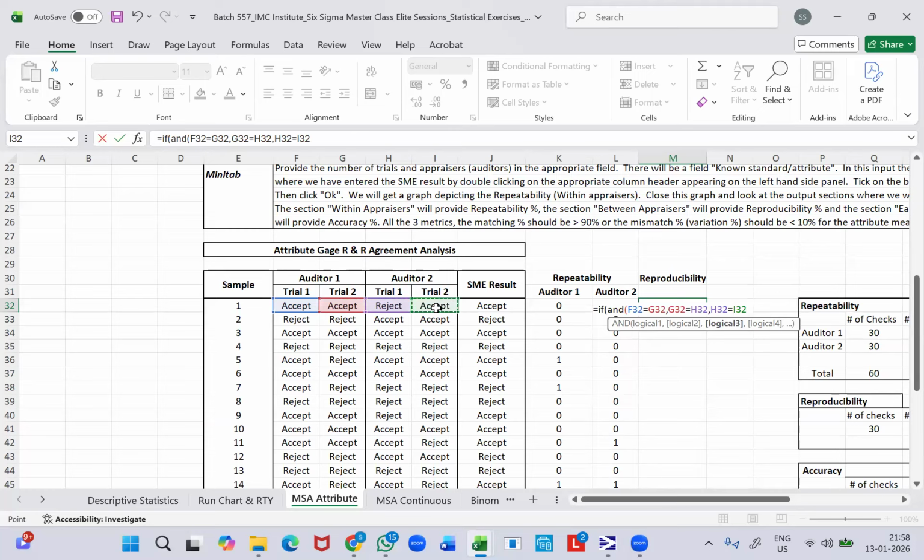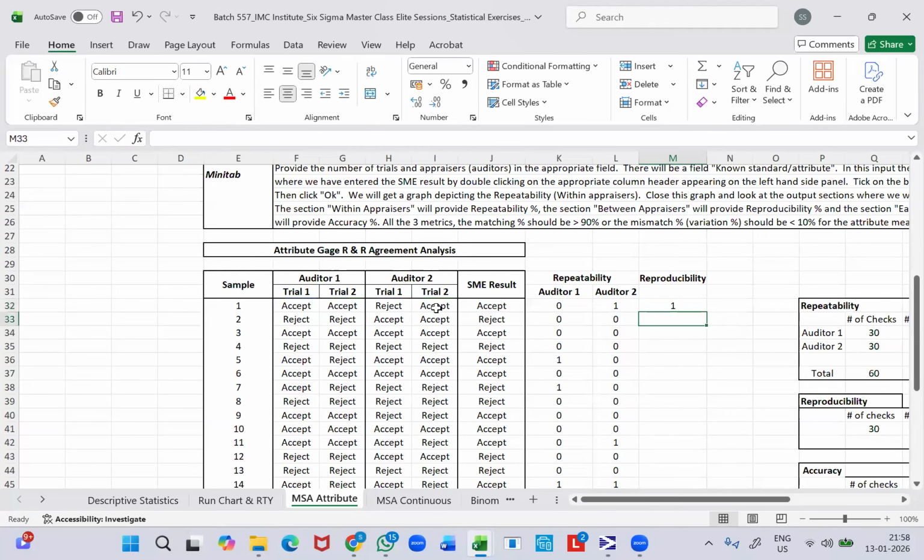So if all these trial results match, then count it as 0, otherwise count it as 1. That's it. If you write a formula like this, it becomes easy to calculate the number of mismatches. Otherwise, we need to look at each and every sample unit and all these trial results and see whether they are matching or not.